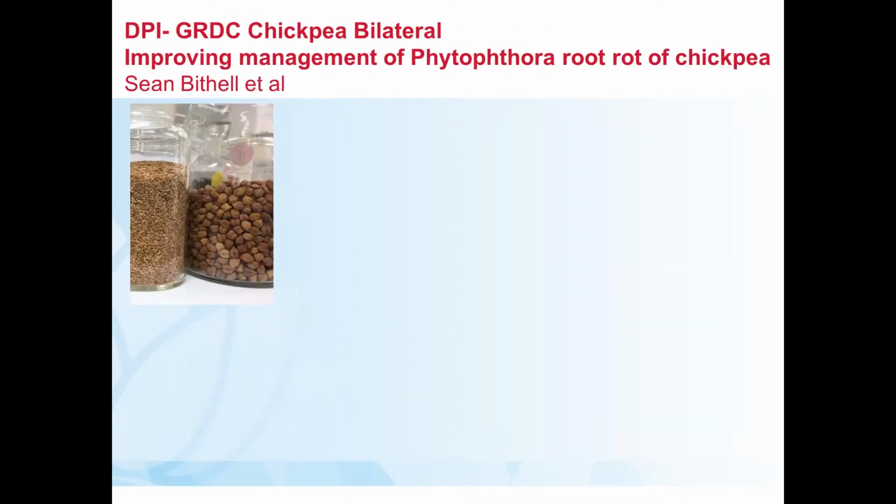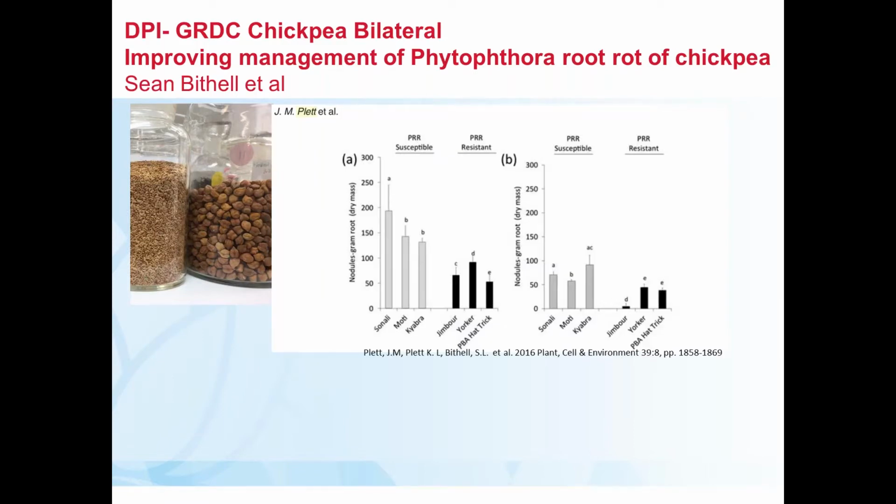So moving on, the next part of work that I'll talk about is our involvement in the DPI GRDC chickpea bilateral. This project is around improving the management of Phytophthora root rot of chickpeas. Briefly, I'm going to talk about some work that was done out of Western Sydney University. Jonathan Plett and his colleagues noticed that when you're breeding Phytophthora-resistant chickpea, you're breeding out the ability of those chickpeas to talk to the pathogen, the Phytophthora.